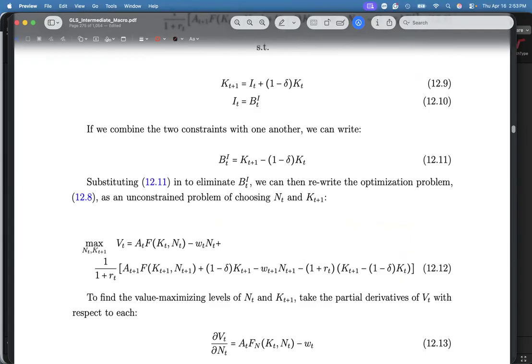What happened is, imbis na I yung gagawin mong endogenous variable, or even B, you replaced B essentially with KT plus 1 minus 1 minus delta KT. And notice that choosing KT plus 1 is tantamount to choosing your debt on time t. In the same way, actually, as if this were still I, choosing KT plus 1 is the same as choosing IT. Okay? Hopefully, people got that.